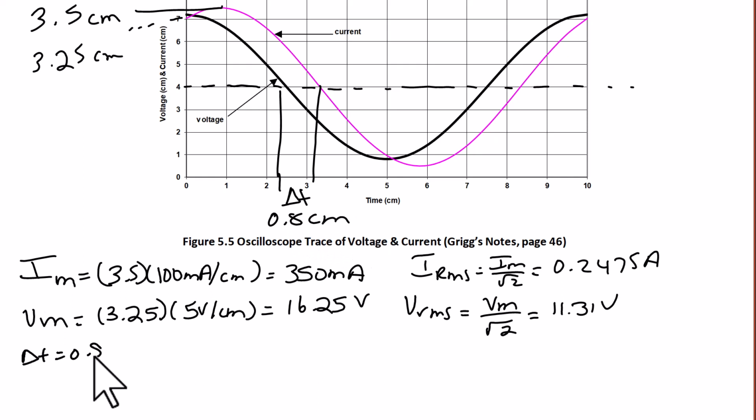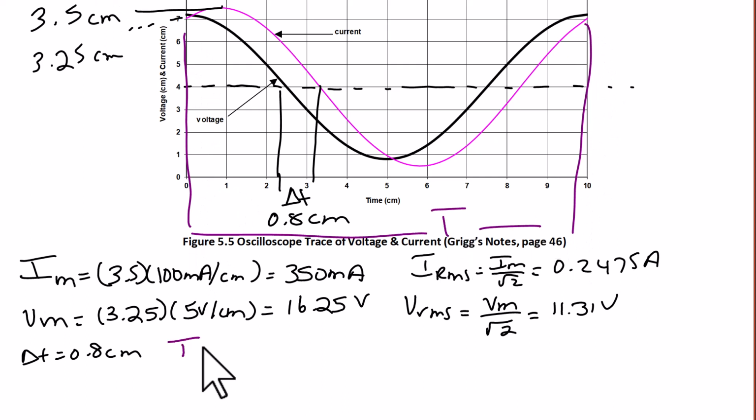So we can use that phi equals omega delta T. So next we are going to find the period. And we see that in one period, our signal is 10 centimeters or 360 degrees.